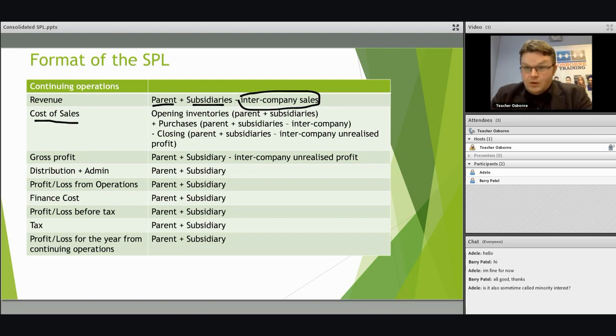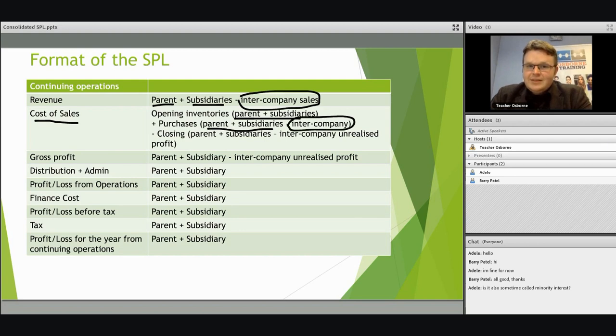Now we get to the more complicated part here when we talk about cost of sales. So hopefully you remember from your earlier studies that cost of sales is opening inventory plus purchases minus closing inventory. Right? So we basically take the opening inventory of the parent and the subsidiary. We add, of course, the purchases of the parent and subsidiary.